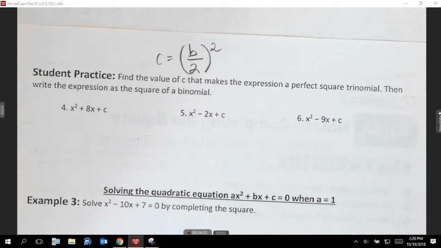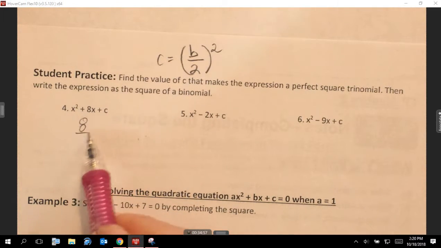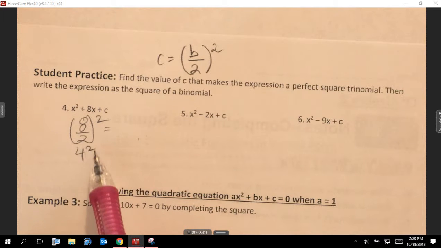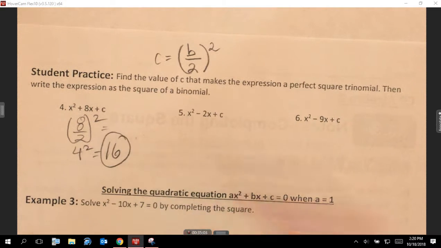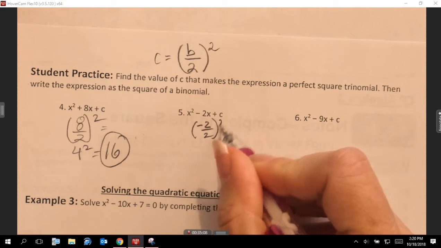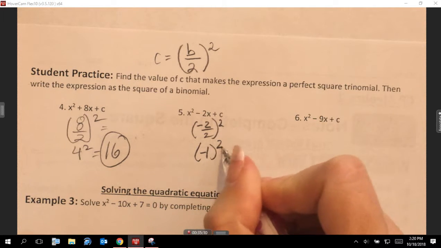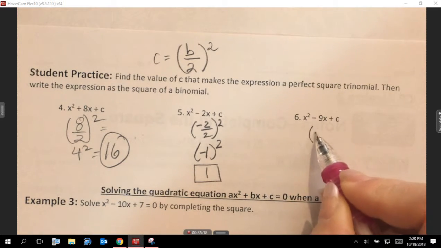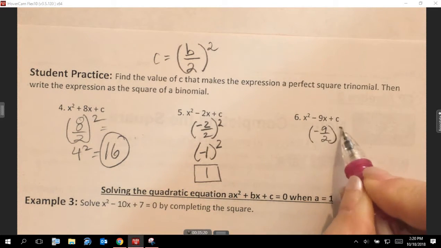Yep, those are good. So, what you should be doing is you should say 8 divided by 2 squared is 4 squared is 16. This one you do negative 2 divided by 2, which is negative 1 squared, which is positive 1. All of these answers should be positive to make this a perfect square. This one we do negative 9 divided by 2, and then we square it.